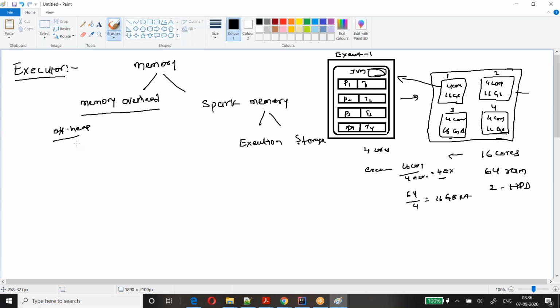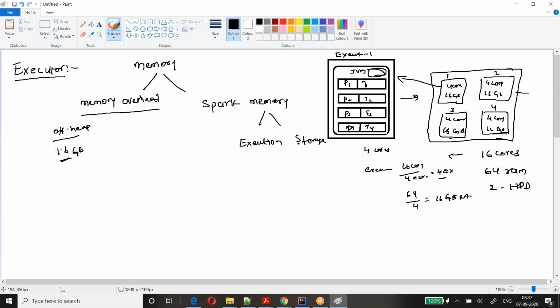For this memory overhead, we will take 10% of the actual memory. Let's say we have allocated 16 GB. 10% of 16 GB; earlier it was 7%, or 384 MB or something, now it becomes 10%. 10% means 1.6 GB. The remaining memory will be Spark memory.